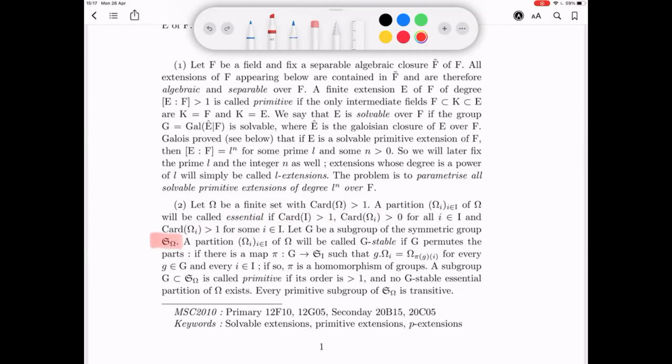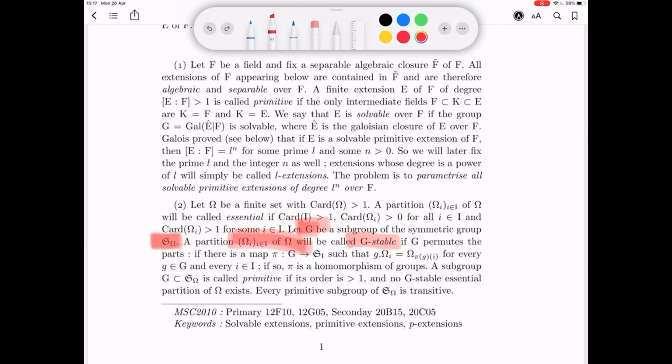Now, if you have a partition of omega, we'll call it G stable. G is a subgroup, right? You have a finite set omega, you have S omega, which is the group of all permutations of omega. Then you have a subgroup G of S omega and a partition of omega. We'll call this partition G stable if G permutes the parts. And here's the precise definition.